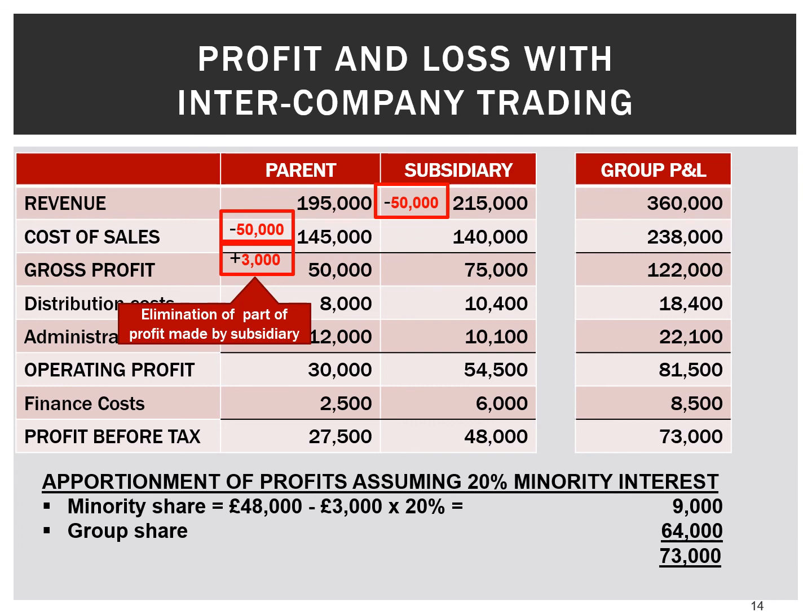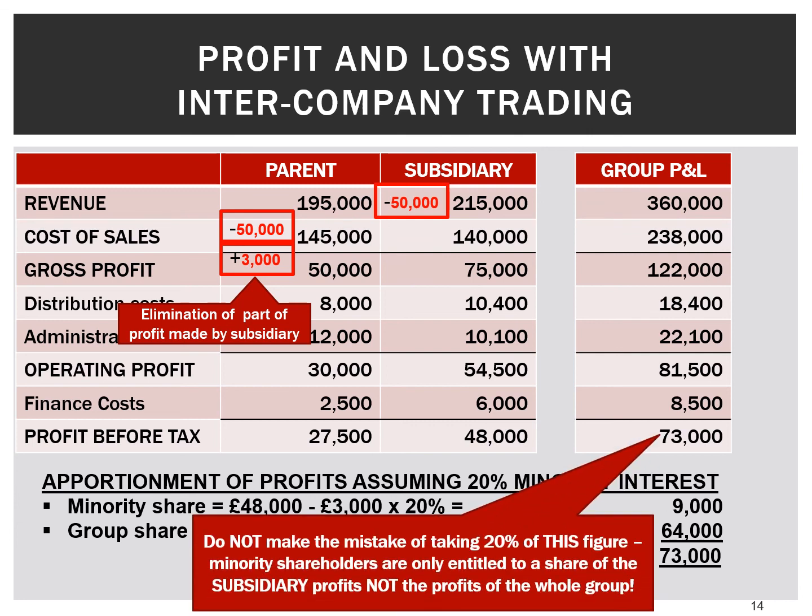And so if it's not a company that's owned totally by the parent company, then after the profit and loss account's been completed, we need to add that extra little statement showing how the group profit is shared out between any minority shareholders and the group. And don't forget that the minority is only entitled to a share of the subsidiary company's profits included in the group figure, not a percentage of the total group figure. Please don't make that mistake.